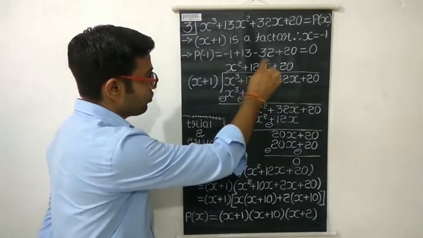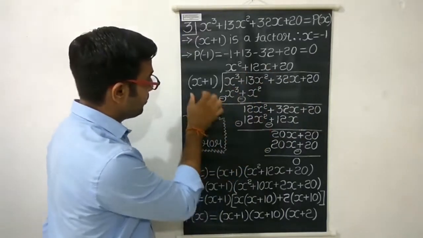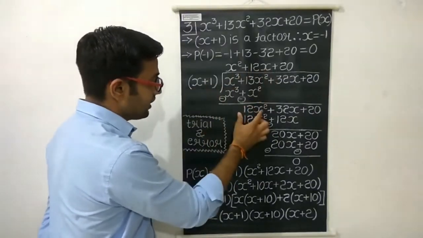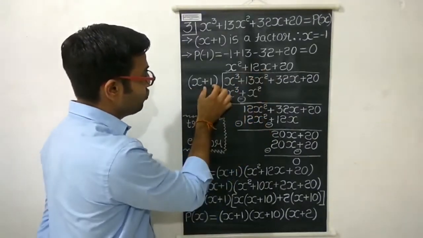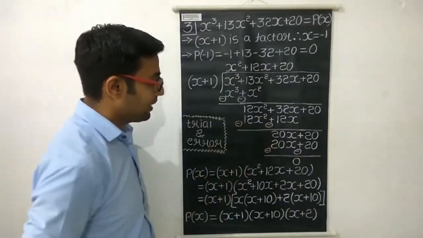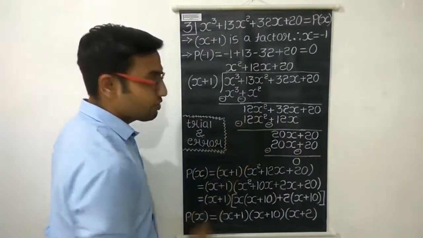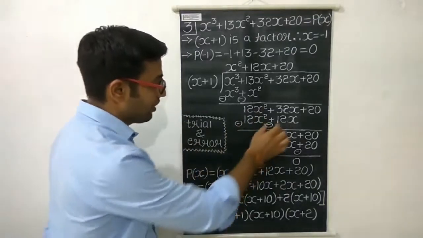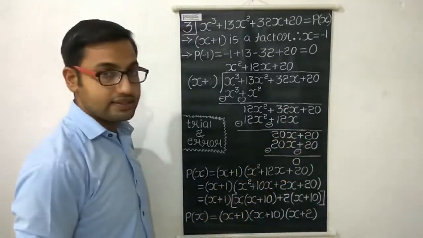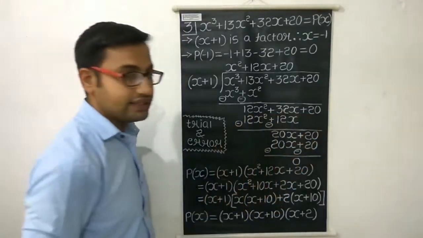Now to get the second quotient term, divide this 12x square by x, we get 12x. 12x into x, that is 12x square. 12x into 1, that is 12x. Again change the sign, both will become minus. Plus 12x square minus 12x square will cancel out each other. Plus 32x minus 12x is equal to plus 20x, and this 20 will remain as it is.